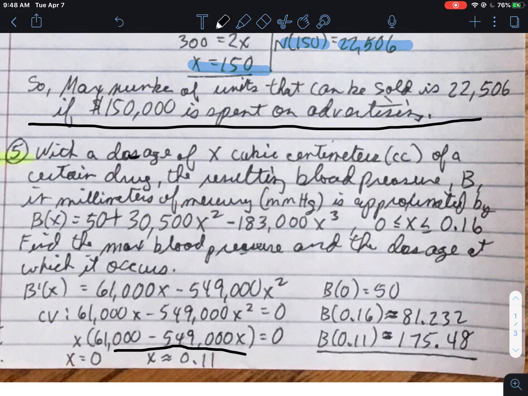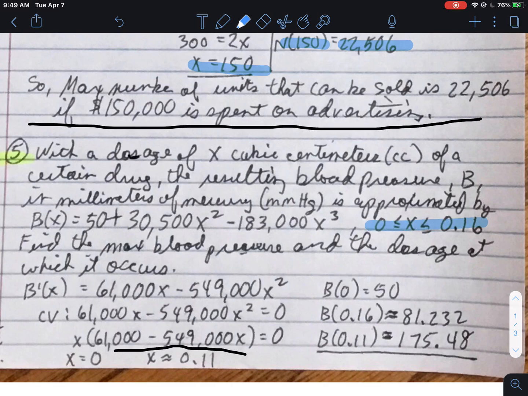I ran out of room down there, so I didn't write it. But that is 61,000 minus 549,000x, set equal to 0. Solve that, and you've got 0.11. The other factor, x equals 0. So then we have our endpoints of the interval, 0 and 0.16, and our critical value that we just found at 0.11.